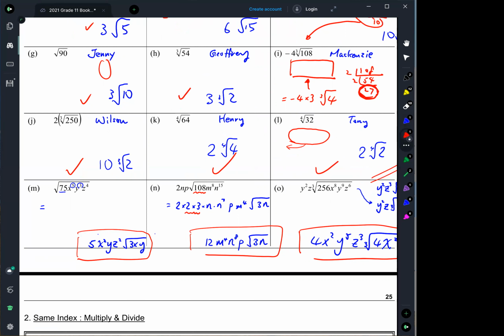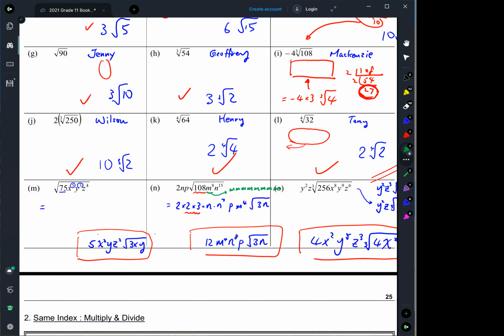If you are confused about the variable, for example m to the 8, then you just list them out, m, m, list them all out. If you're very confused, then you start circling, because it's a square root. So what do we need to go out? We need to get groups of what? Groups of 2 or of 3? How many m in a group?